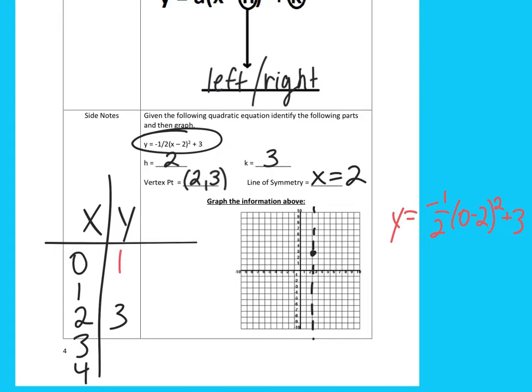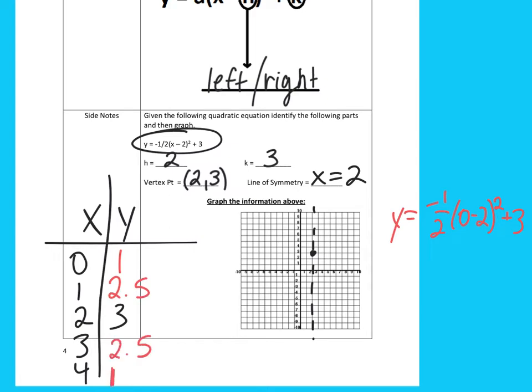Now go plug in 1. What do you get? 2.5. Okay, when you plug in 3, you should also get 2.5.